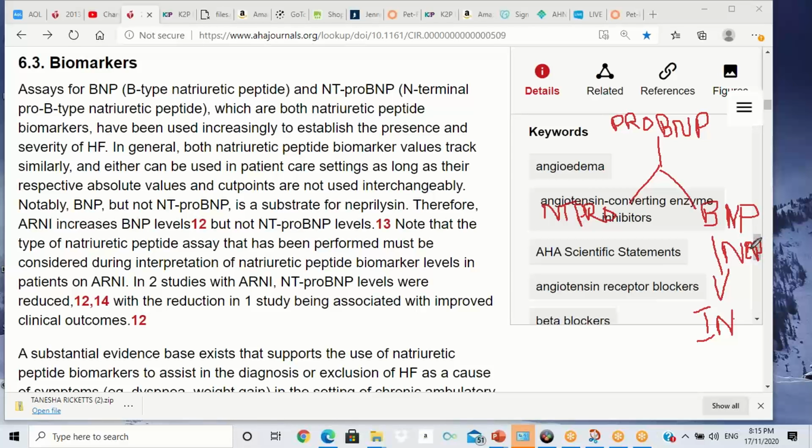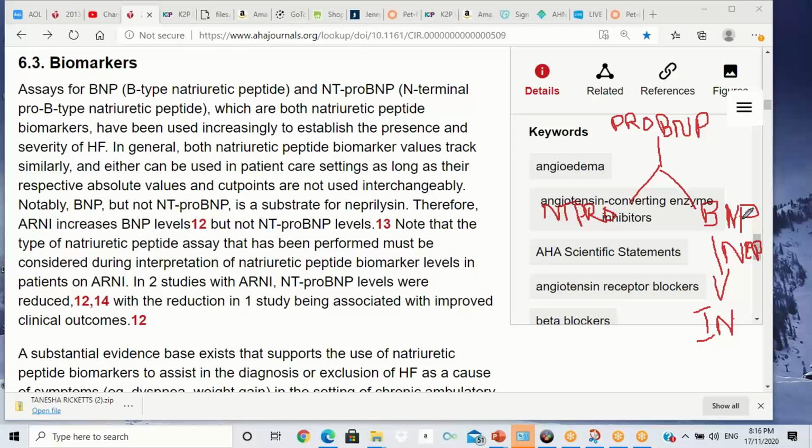This neprilysin enzyme can be inhibited by neprilysin inhibitors. So therefore, you prevent the breakdown of the BNP. So you'll have more circulating BNP, which, again, as we said before, is metabolically active, causing vasodilatation and salt and water diuresis. So it's going to be beneficial for the patient to get rid of fluids and salt.